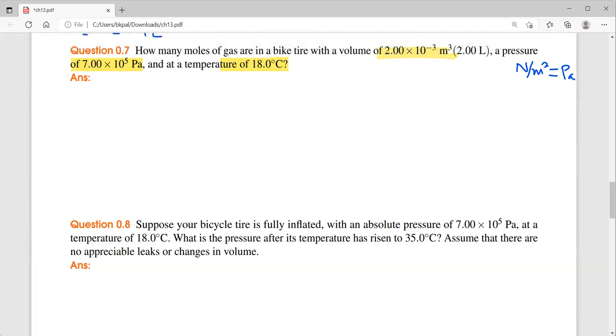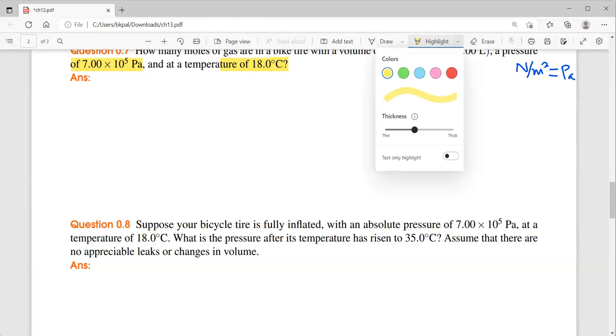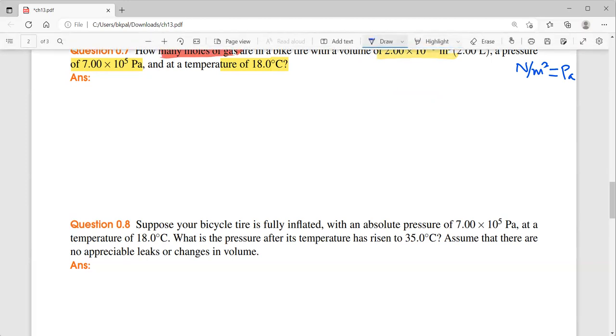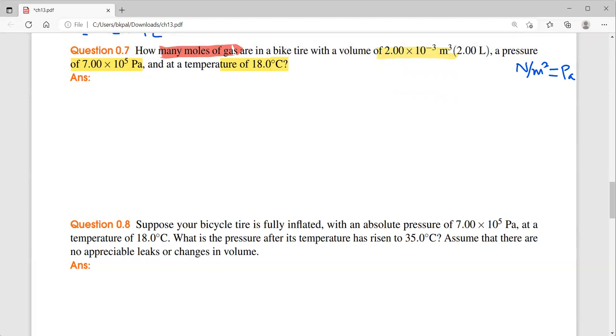Again, very similar to the last problem. We have to calculate the number of moles. All right, so let's try using the same thing. We can use the same equation. So PV equal to nRT.